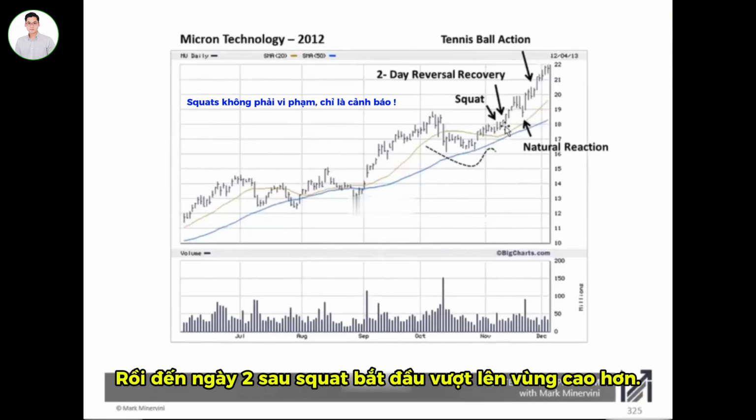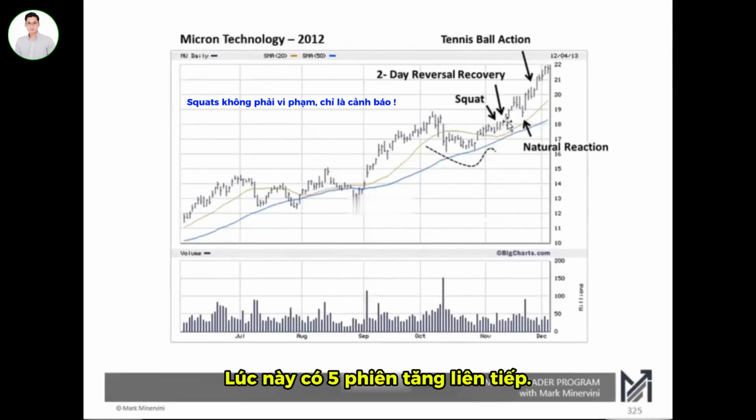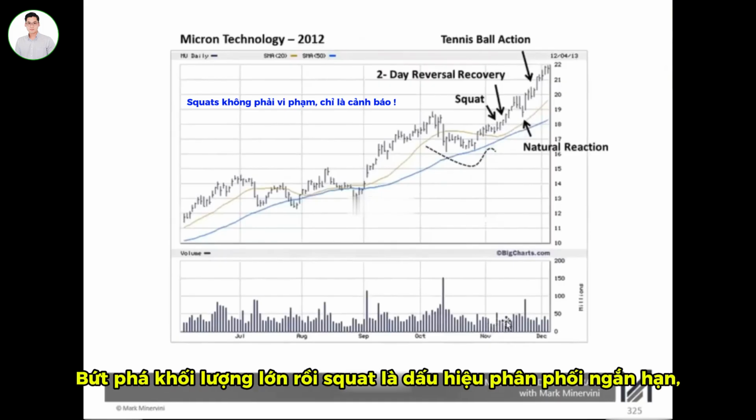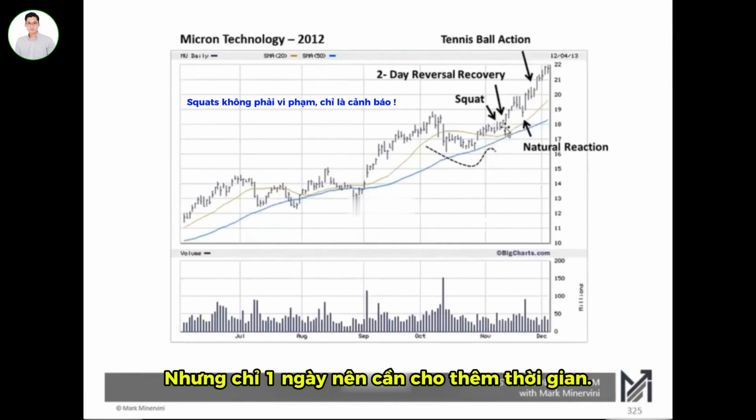You move into high ground. Now you have 1, 2, 3, 4, 5 days up. See, the stock's acting pretty good there, and you can see the volume is not really that big. And again, if you get big volume on the breakout and it squats, that's some churning, that's some distribution, but it's short term. It's 1 day, so you want to give it that extra bit of time.